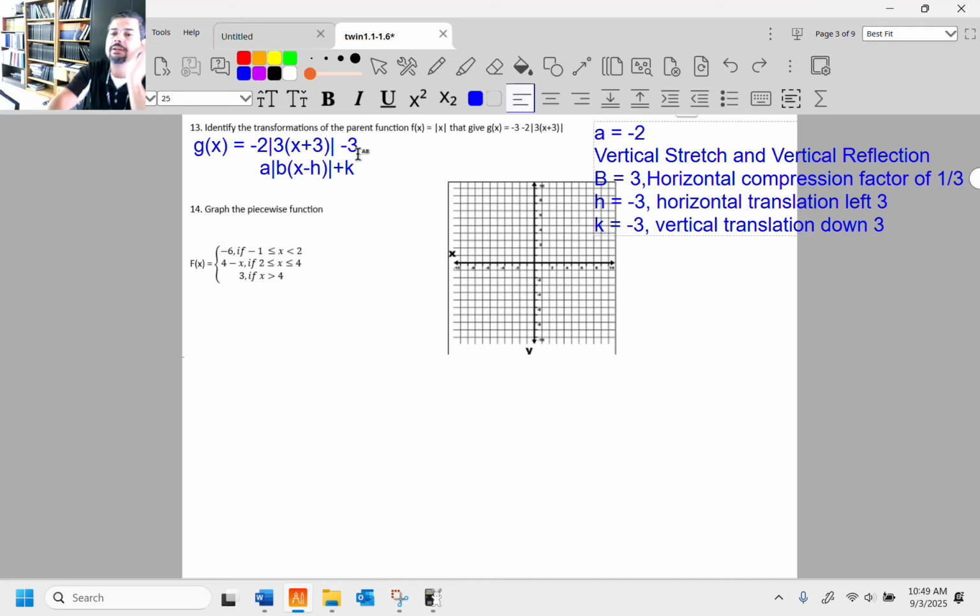Say I did not know, or I didn't draw it out. I didn't want to do it recursively. I want to do it explicitly. I would use this: a sub n is a sub 1 plus n minus 1 times d. The last term is negative 99. The first term is 33. The difference is negative 11. So I would invoke the distributive property. I would subtract 33.